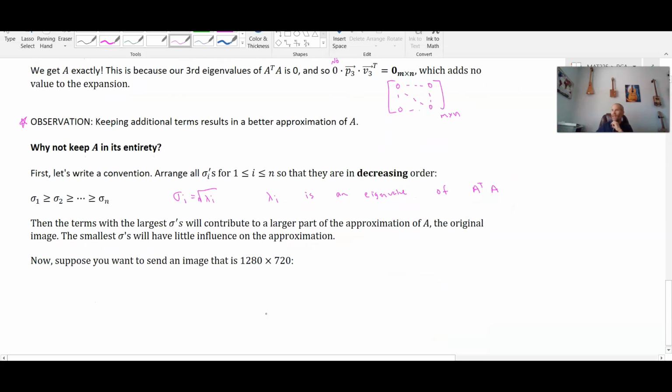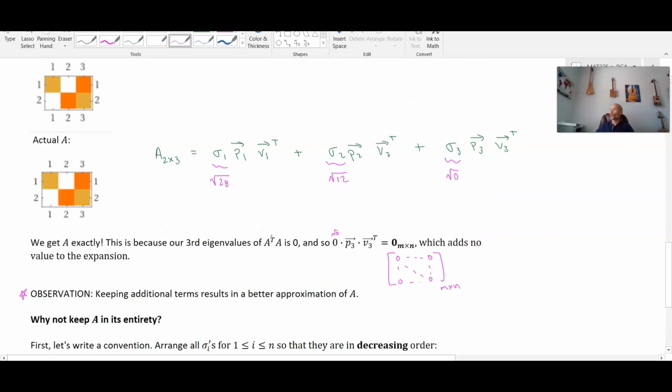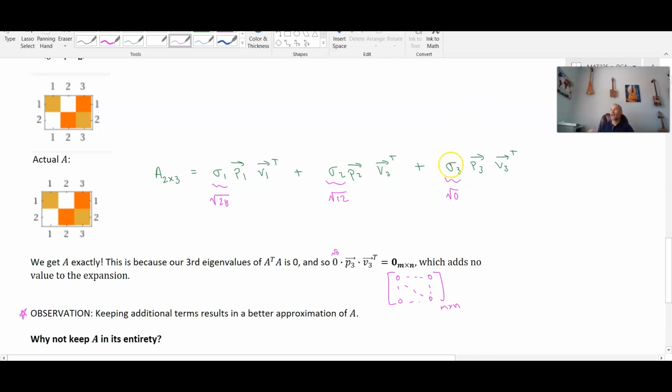Then the terms with the largest sigmas will contribute to a larger part of the approximation of A, the original image. The smallest sigmas will have little influence on the approximation. So we see here that sigma 3 had, in this case, no influence on the approximation of A. And this is going to be some m by n matrix, but notice that you're scaling it by a factor of square root of 28.